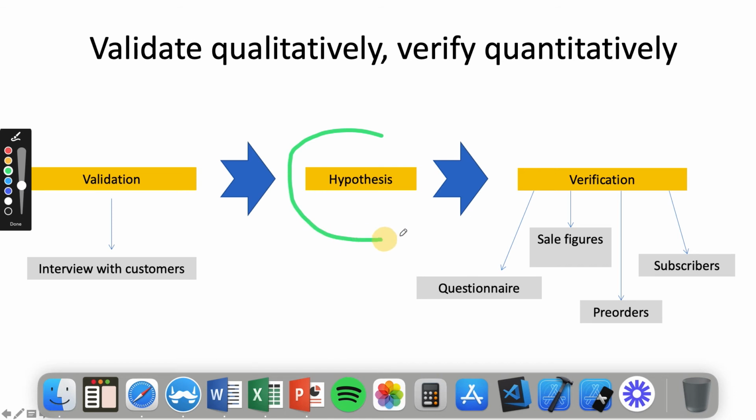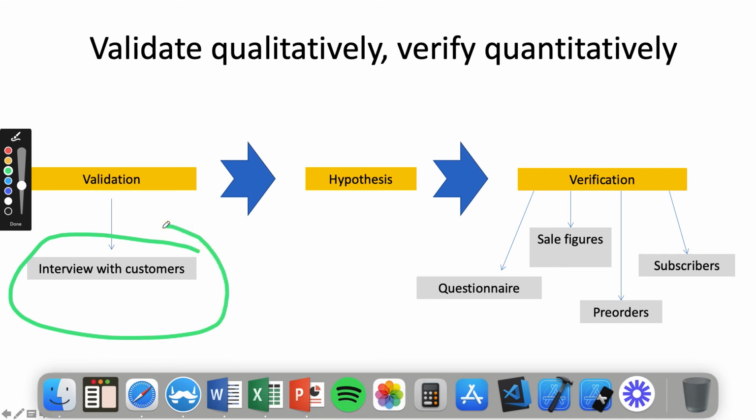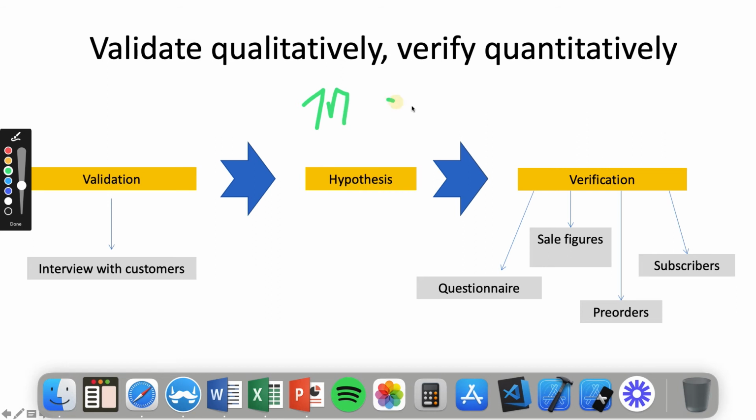Then you create some hypothesis. So say my customers are telling me that this is a really good idea, you should pursue it. So I say, okay, if in 1 month I can get more than 1,000 subscribers, then I'm saying that it's a success. The data shows it could be a success.